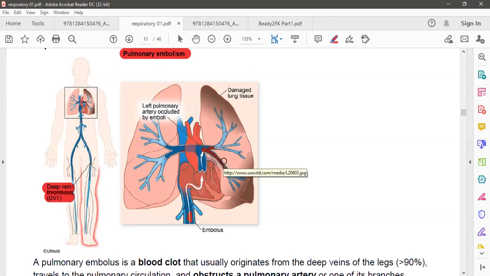Usually the blood clot formed in thrombosis is fixed and does not travel in the body. But an embolus, when it breaks down and travels through the body, is when the patient's complication starts. Here the left pulmonary artery is occluded by an embolus, because of thrombophlebitis or DVT.